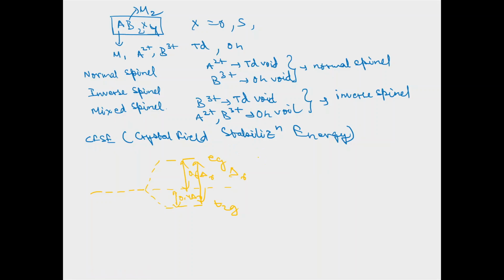So if the CFSE value for B3+ octahedral is more than the CFSE value for A2+ octahedral, then we will get a normal spinel structure.